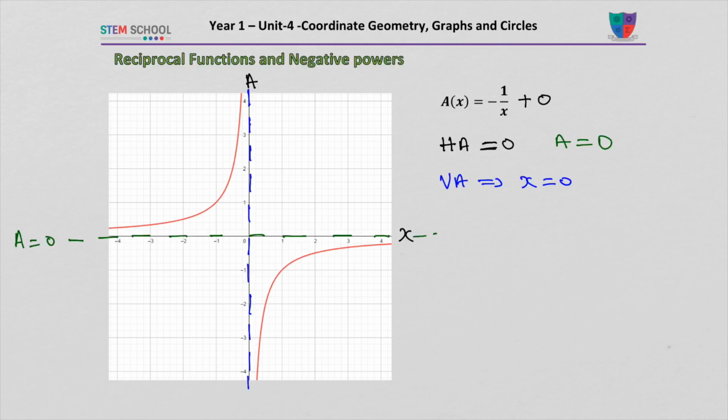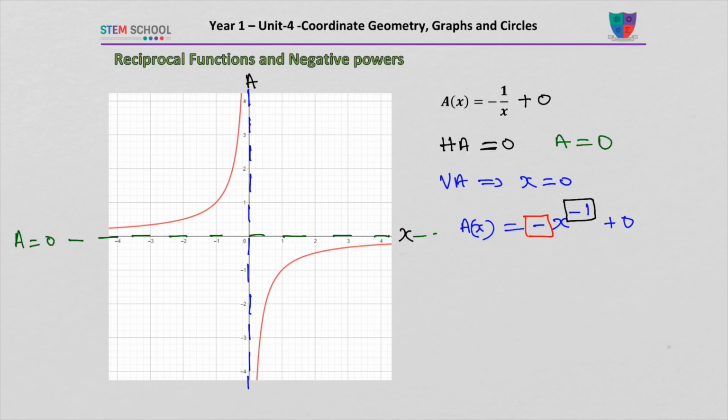We know that if the exponent is 1, in this case, y as a function of x is minus x to the power minus 1 plus 0, which is the equation we're working on, and this one here is odd, so it should be in the first and the third quadrant, but there is a negative a here, so that's minus a, so that counteracts that, and that will put it in the second and the fourth quadrant.